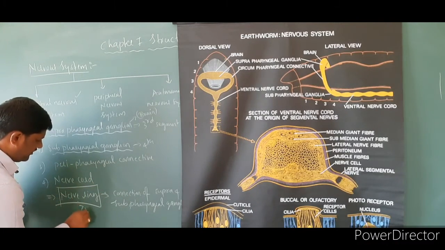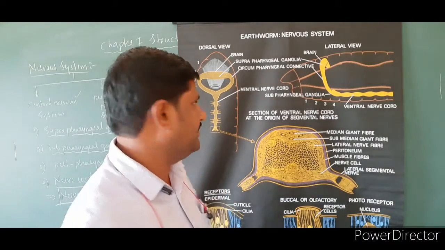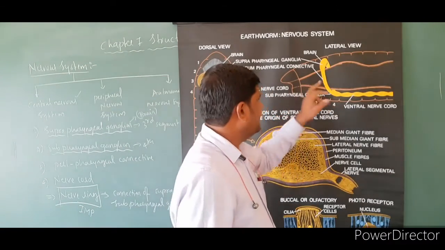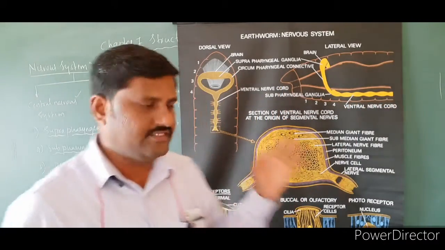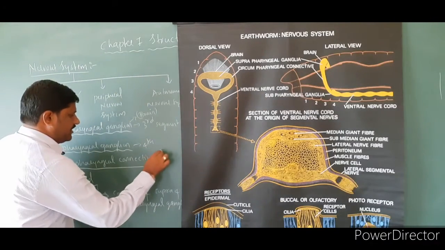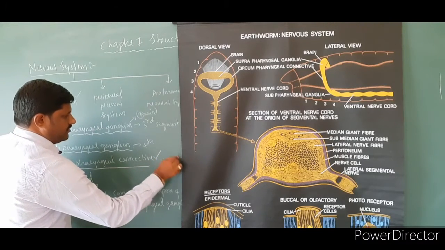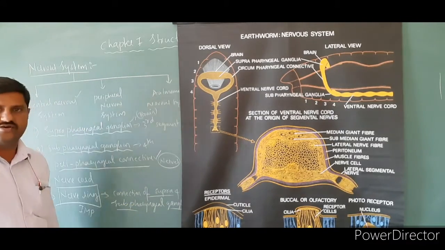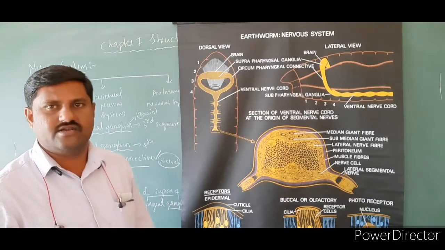It is the important feature of the nervous system in this animal itself, right? Okay, and this nerve cord continues up to the last segment of the body. So peripharyngeal connectives, what these are, you know. These are the nerves which connect supra as well as subpharyngeal ganglions, so they are called peripharyngeal connectives.